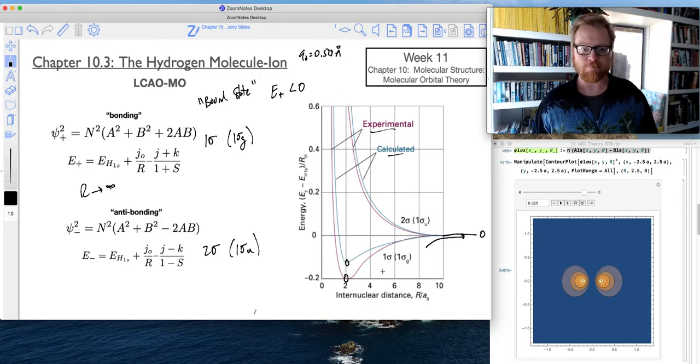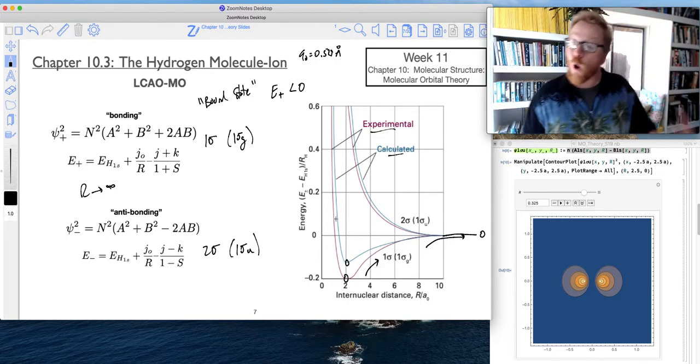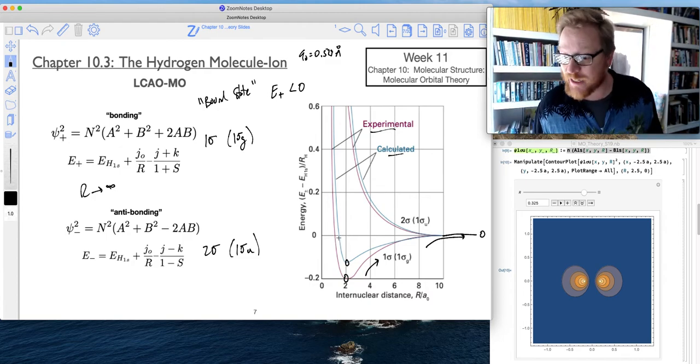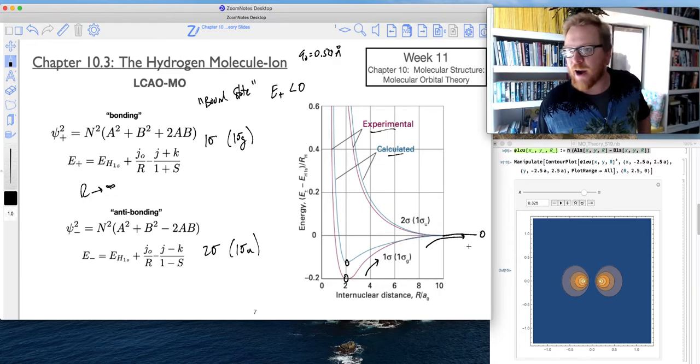And so we get this lovely bound state, where we would get a minimum energy corresponding to its bond energy and its bond length. And as we increase the distance between the two nuclei, our overlap integral decreases. So there is less electron density between the two, and we're just approaching the energy of a single bare atom.